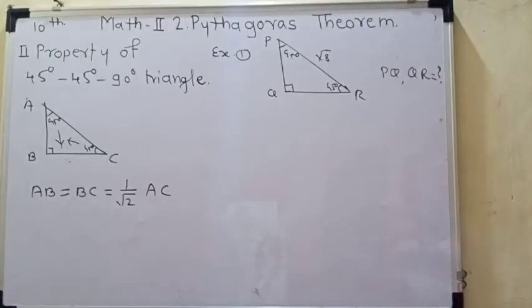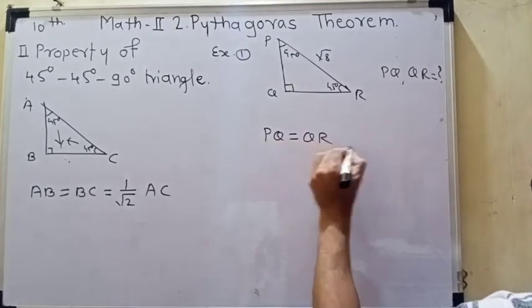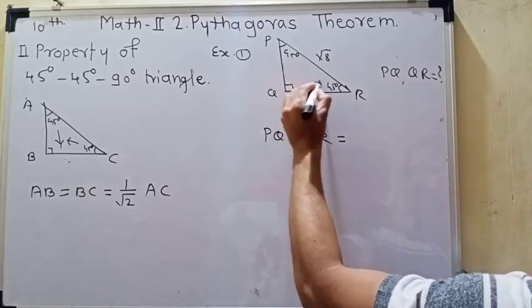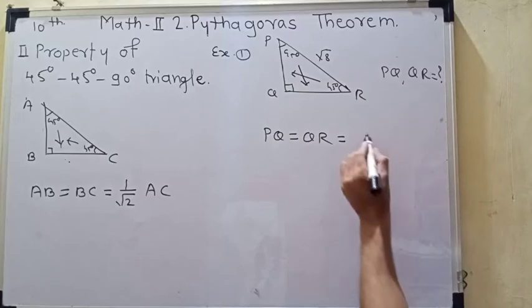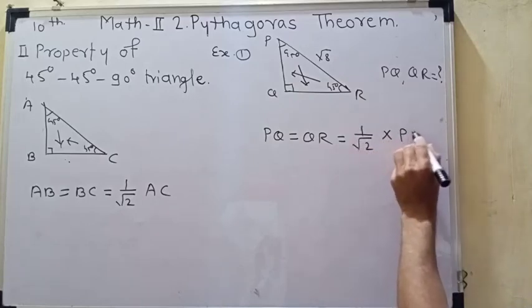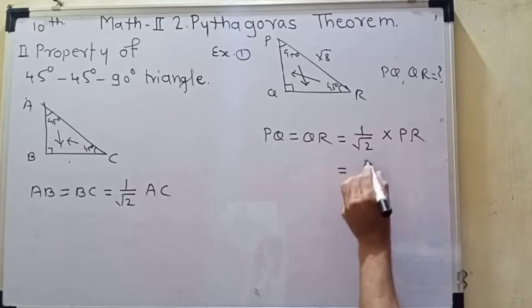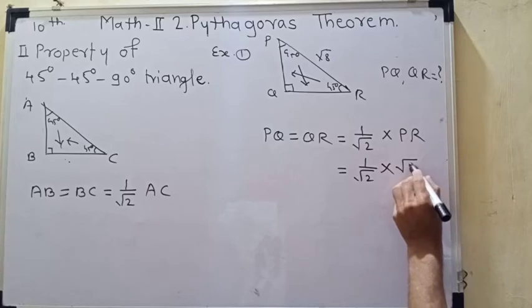Now by the property of the 45, 45, 90 degree triangle, PQ is equal to QR, which is 1 upon root 2 times the hypotenuse PR, that is 1 upon root 2 and the hypotenuse is root 8.